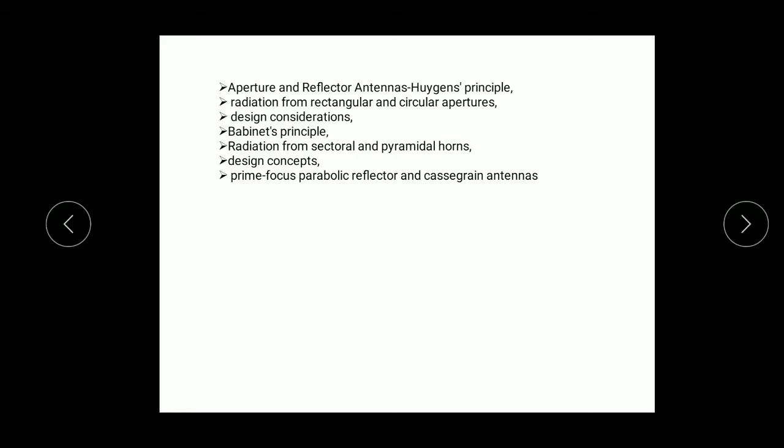These two topics we will cover in this lecture. The remaining topics: design consideration, Babinet's principle, radiation from sectoral and pyramidal horn, design concept, prime focus parabolic reflector, and Cassegrain antenna, we will discuss in the next lecture.